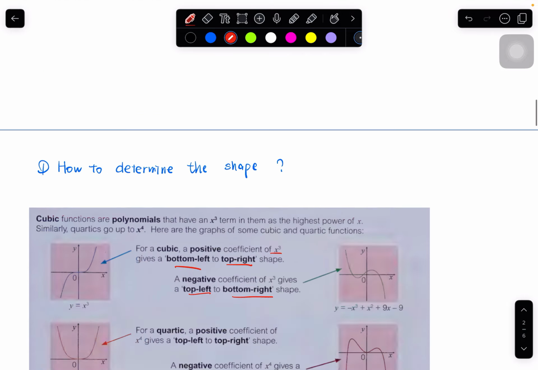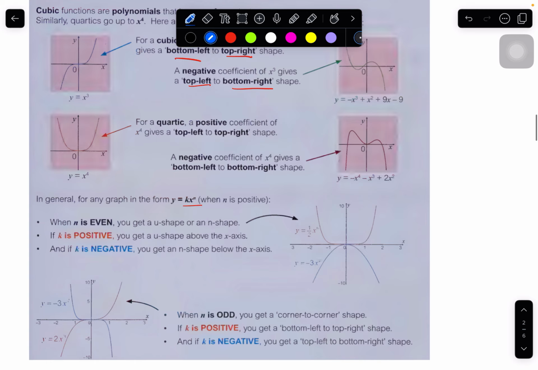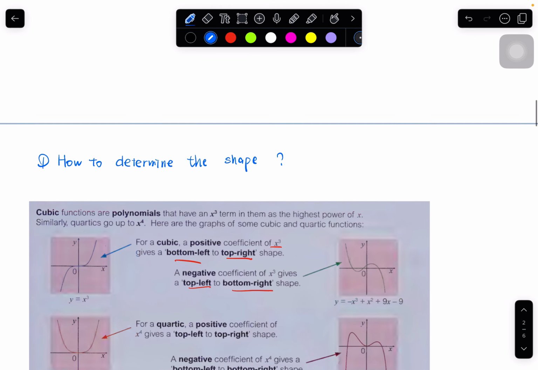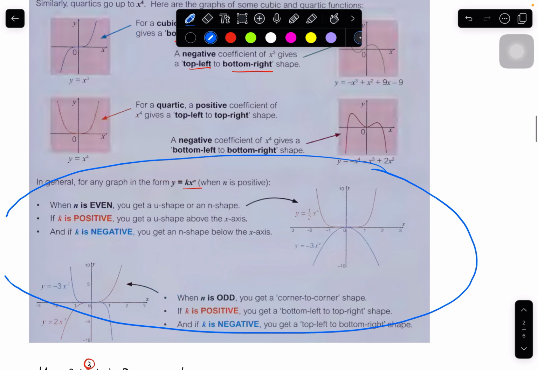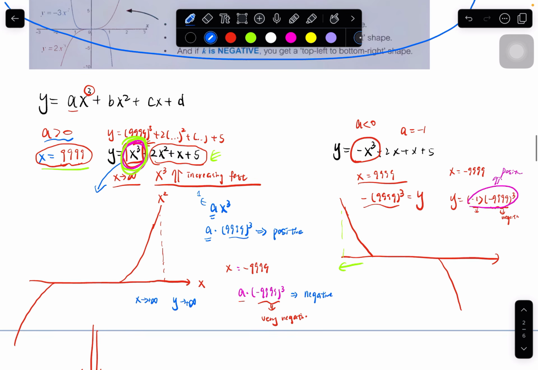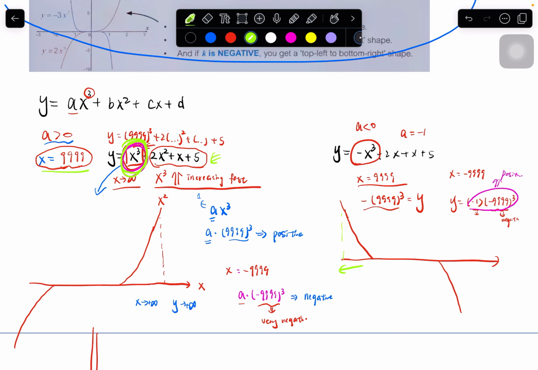Also, if you want to know the higher powers, there is a conclusion here, and you can read it, on how to determine the two ends. Like let's say the two ends of a function for a higher power. It's basically the same as here. So if you can decide the behavior of a cubic function, you can decide the behavior of a quartic function.